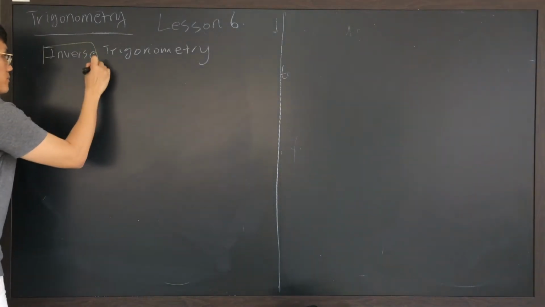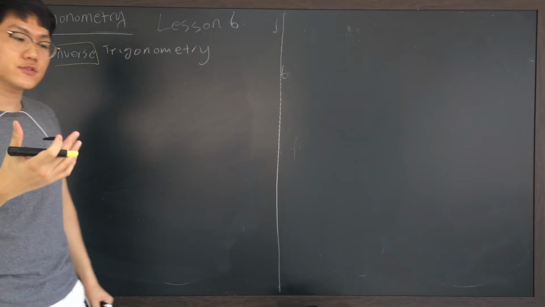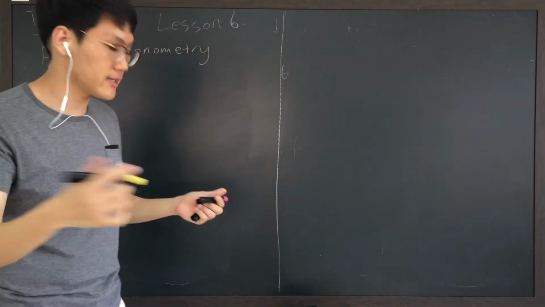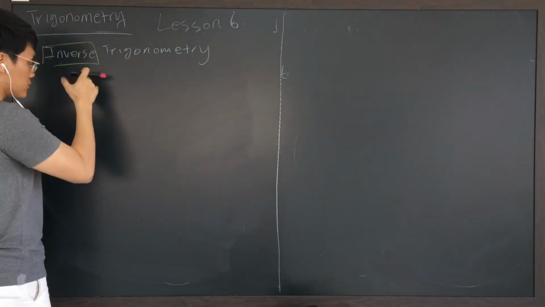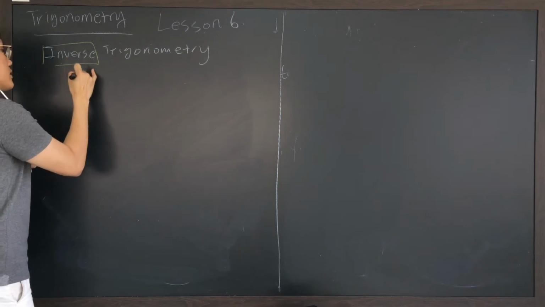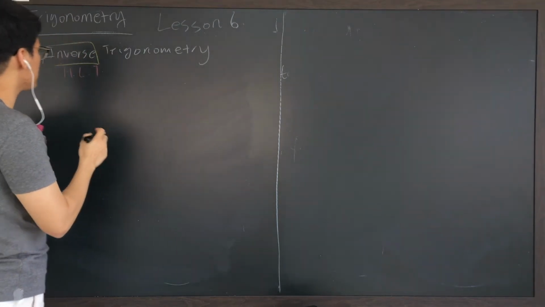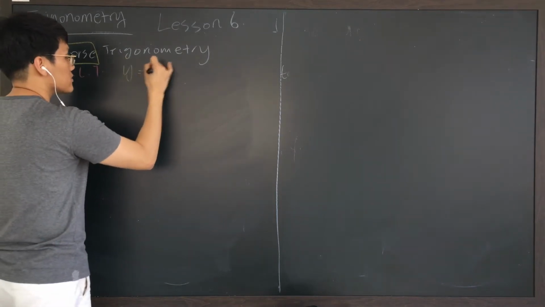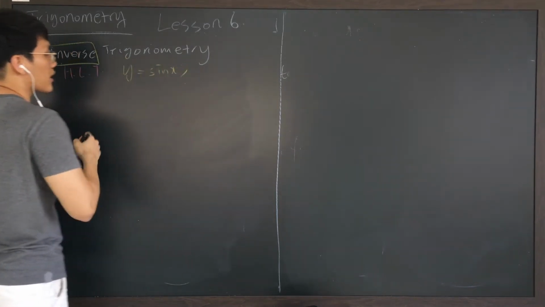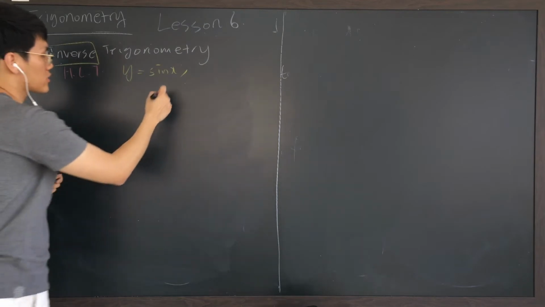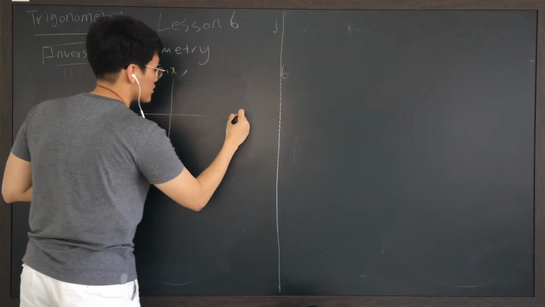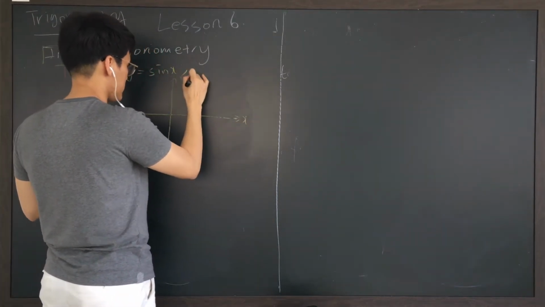A lot of definitions of function will be discussed in this lesson. So inverse: for a function to have an inverse, we need to have what line test? It needs to pass the horizontal line test. But let's try to work out the example on y equals sine x. For y equals sine x, we can draw this periodic function on x and y axes.